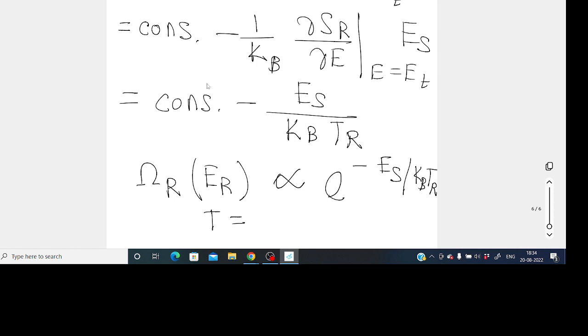From now onwards I will call T equal to T_R, so this is equal to minus E_S by k_B T.